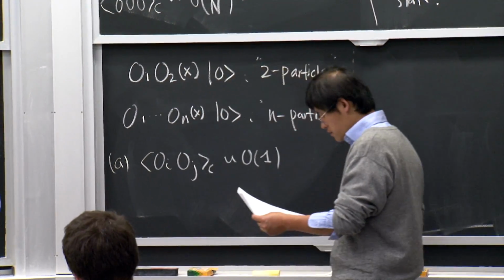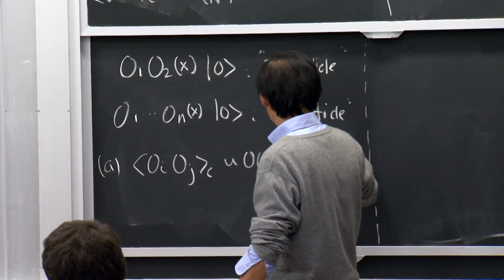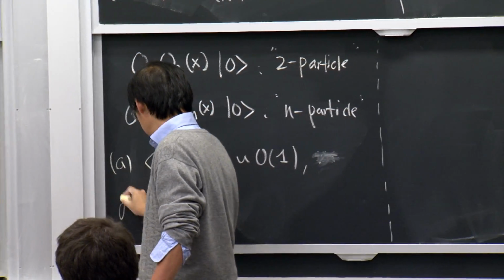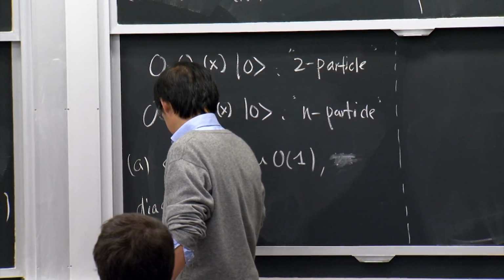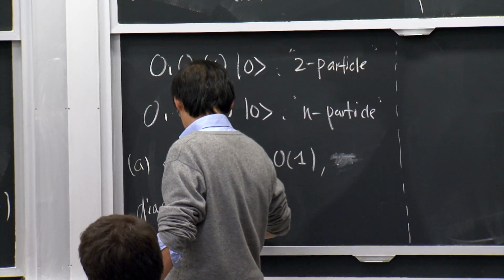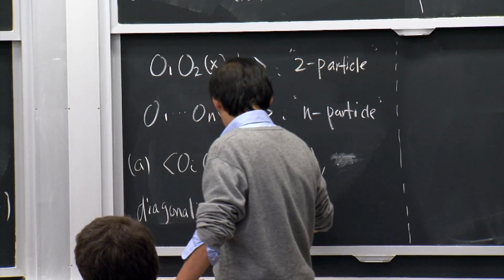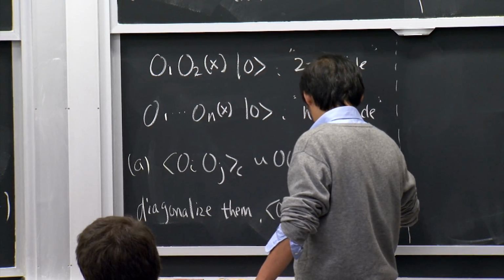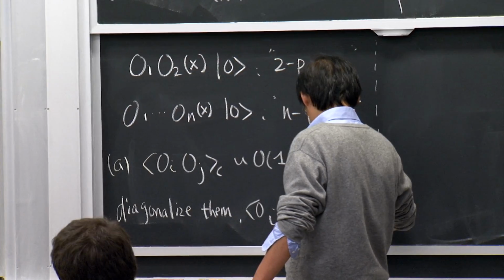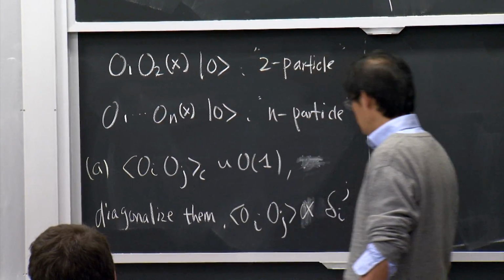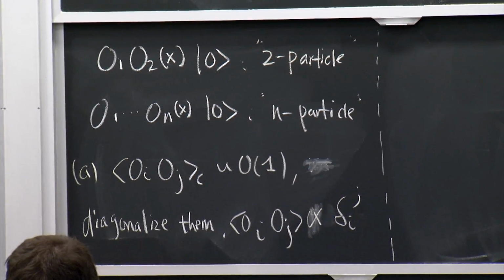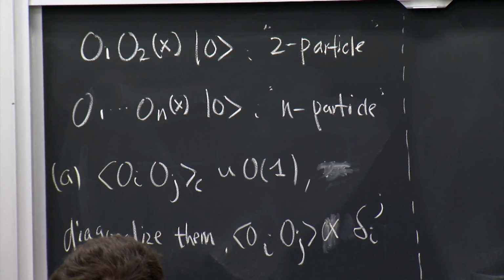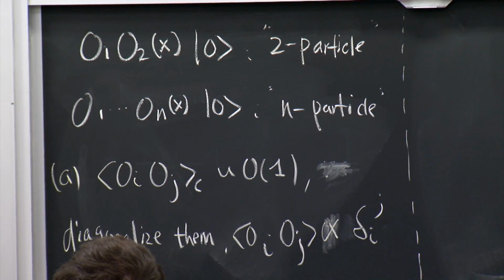So we can actually just diagonalize them, so that O_I O_J is proportional to delta ij. So in some sense, at the 2-point function level, those operators can be considered as independent.